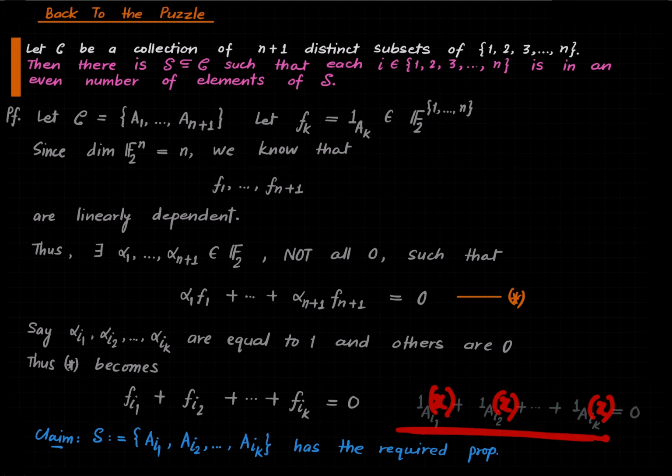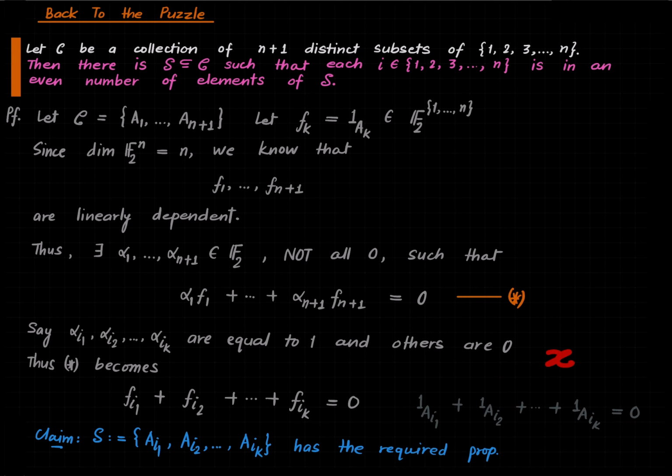The left side being 0 implies that you see how many of them give you a 1. You just record how many of them give you a 1. Whatever that number is, that number must be even because the output is 0. The ones which give you 0 don't contribute. The only contribution can come from those places which output a 1 on a given x.